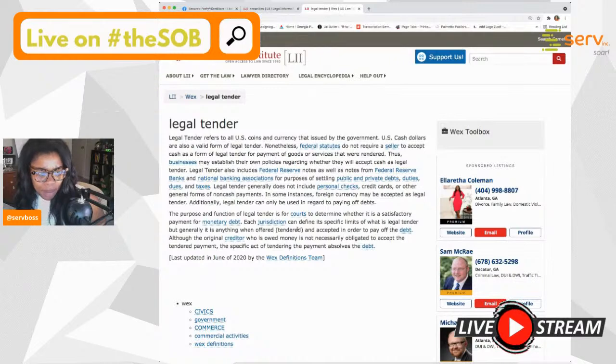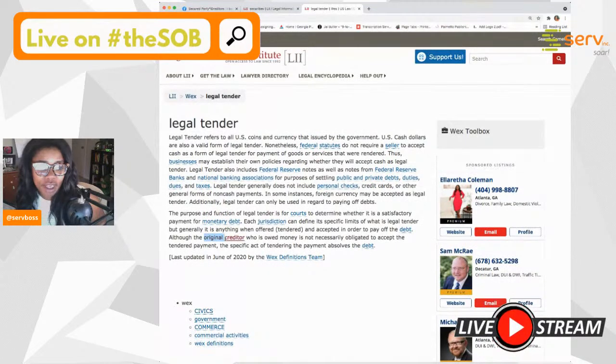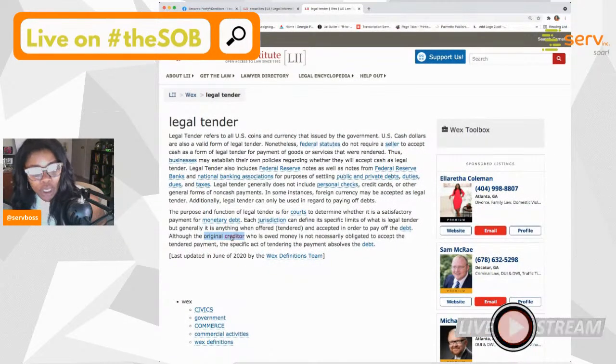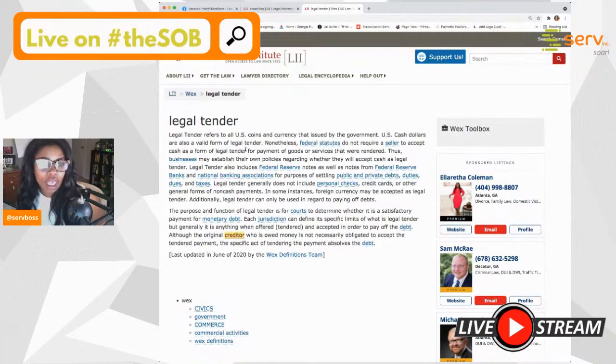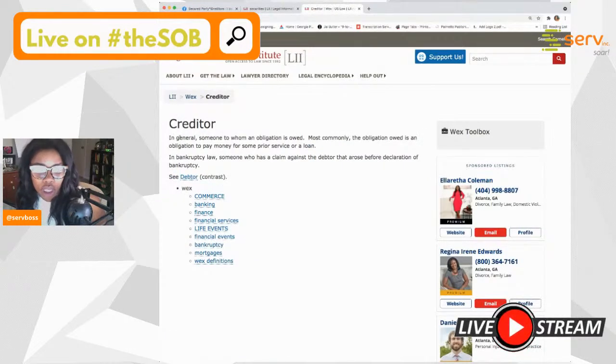First of all, I don't like the fact that the law, the code, does not differentiate between a creditor and an original creditor. Because a creditor, in general, is someone to whom an obligation is owed.